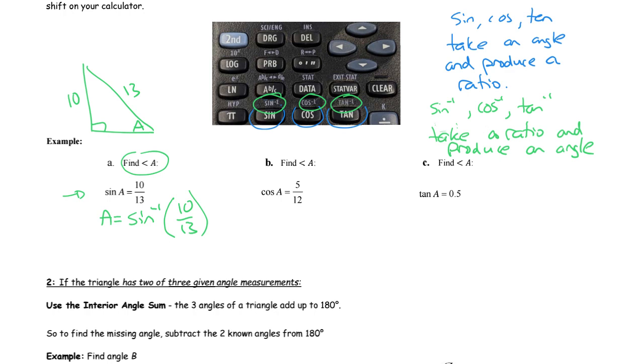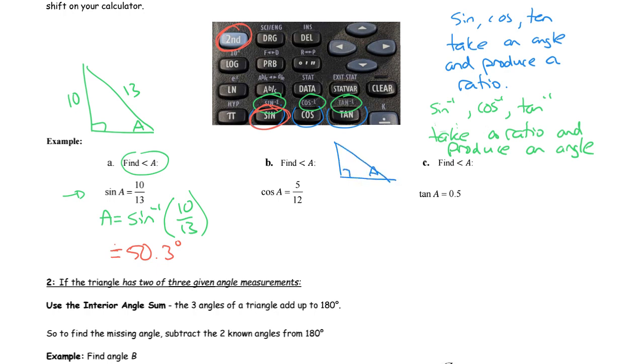Typically the way you access that is to press the second button, sine, and that opens up the sine to the -1. You would enter your 10 divided by 13, and then when you press enter, you should get that this is approximately 50.3 degrees.